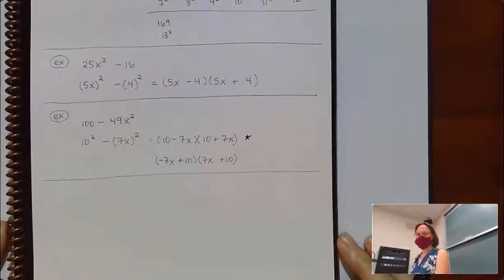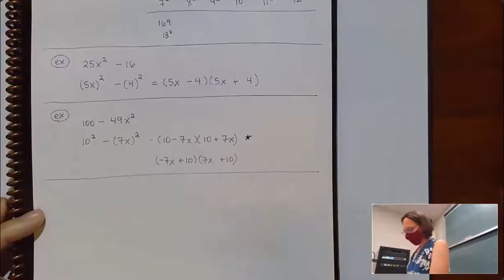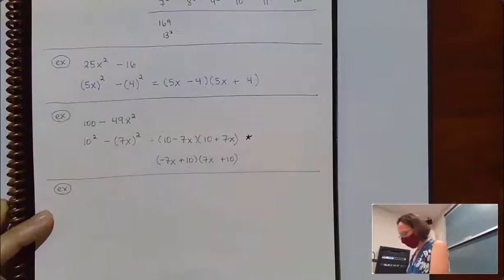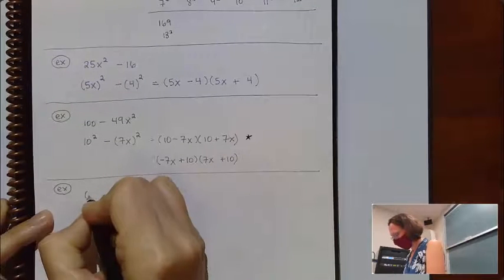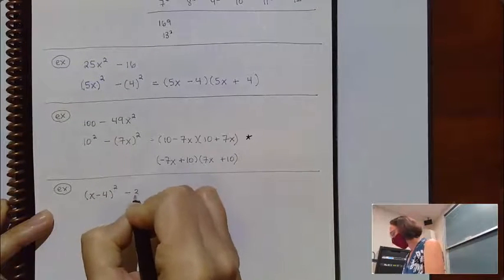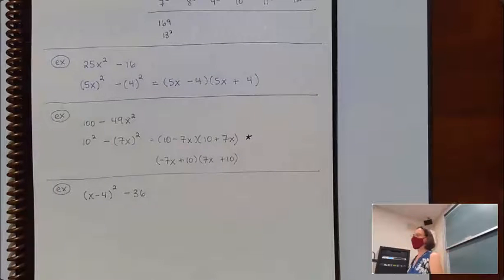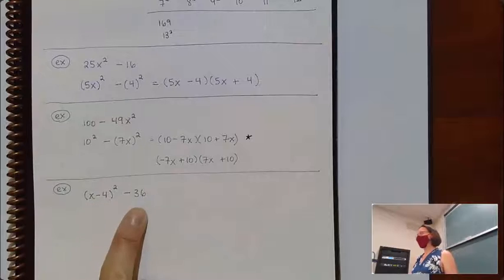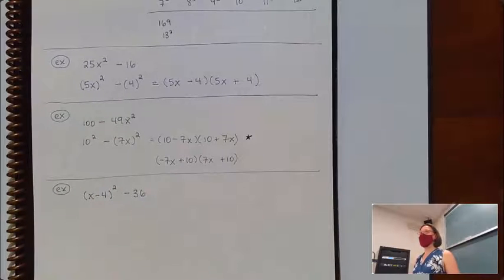Okay, I got one more here. So let's say that I have x minus 4 squared minus 36, and our instructions are to factor this thing. Well, one option is definitely that we could multiply out that x minus 4 squared and then subtract 36 and then get the thing factored.